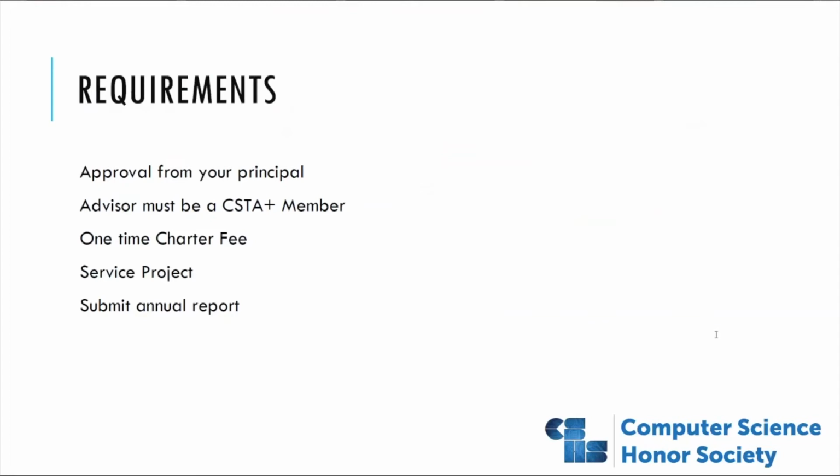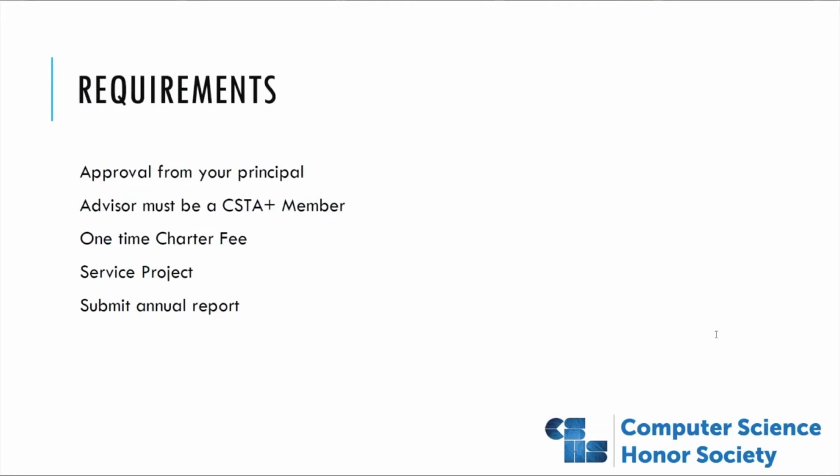So just some things, if you are interested in doing this, what you need to think about before you jump in. You do need an approval from your principal. I think that's a letter or something, but it just needs to go on your application that you have discussed it with your principal. You as the advisor, so if you are going to be the advisor of the group, you have to be a CSTA Plus member. Computer Science Teachers Association is free to join. If you're not a member, you should become a member at every level. It's for K-12 teachers.